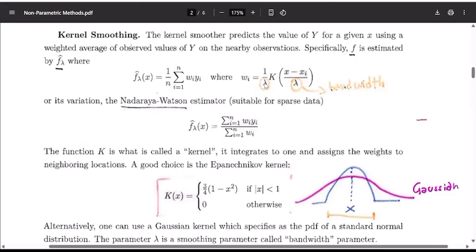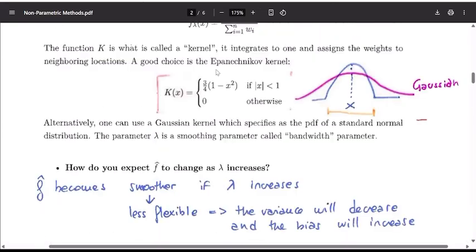Those that are very near will receive larger weights. Those that are far away receive lower weight. More weight means more influence. This is the kernel that we call the Epanechnikov kernel. Like I said, we also have Gaussian and so on.